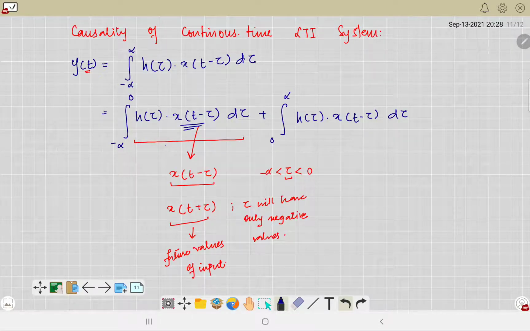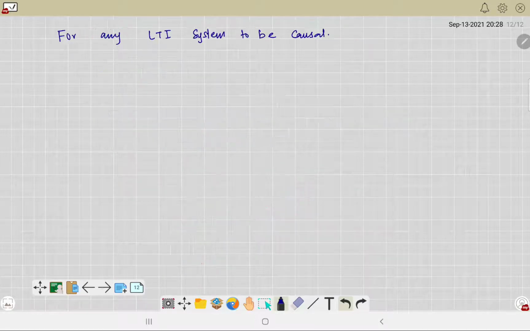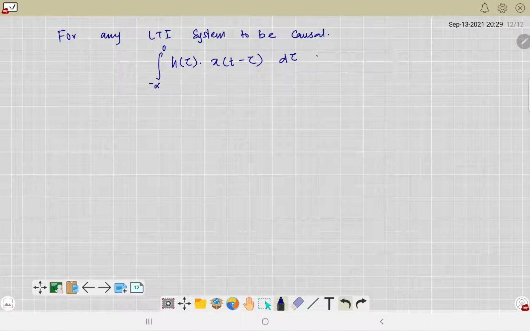Because if it is not equivalent to 0, then it will have dependency on the future input value. So in other words, for an LTI system to be causal, this first integral from minus infinity to 0, h of tau, x of t minus tau, d tau, should be equivalent to 0.